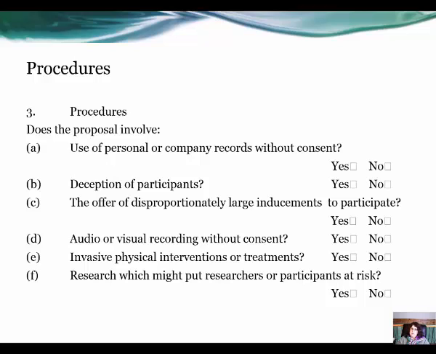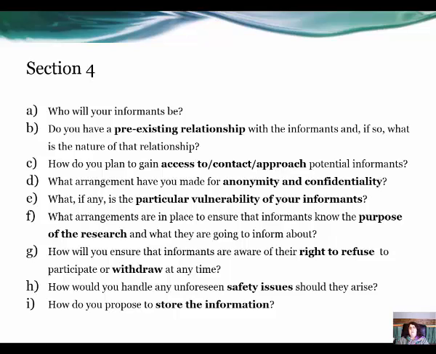Following on from section 3 on procedures, we have some detailed questions where we ask basic information about who your informants will be. The Research Ethics Committee prefer you to provide some detailed content here. You don't just say that your informants will be individuals, just a word here. You need to actually put some thought to your responses on each of your answers in section 4.